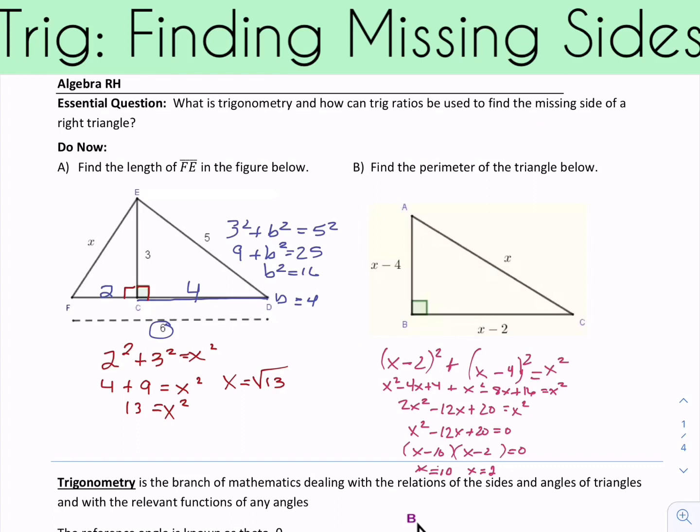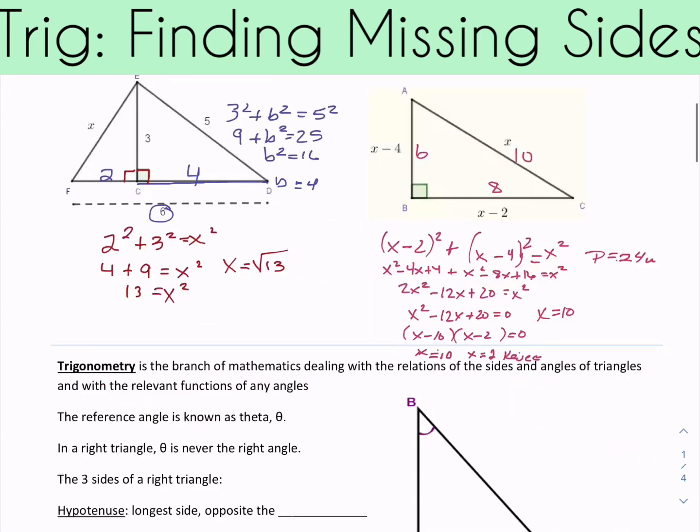The answer is no. If x is 2, then that's going to give us lengths that are negative or even 0. So that doesn't make sense. So x is equal to 10. So that would make this side 10, this side 8, and this side 6. And so our perimeter is 10 plus 8 plus 6. So perimeter is 24. Let's get into trigonometry.